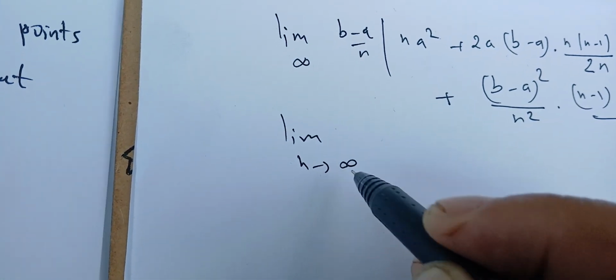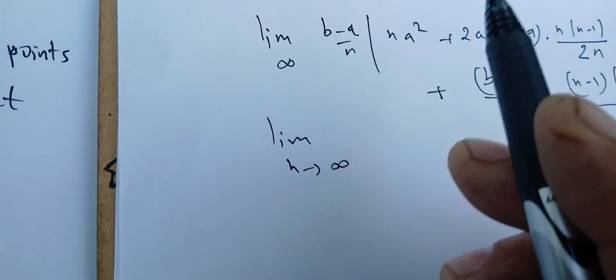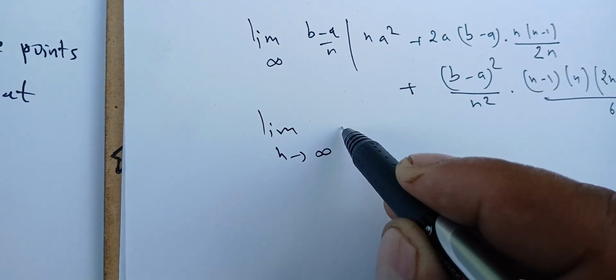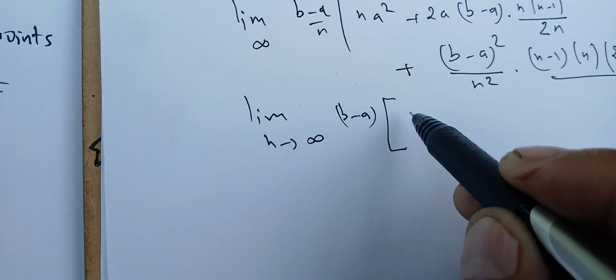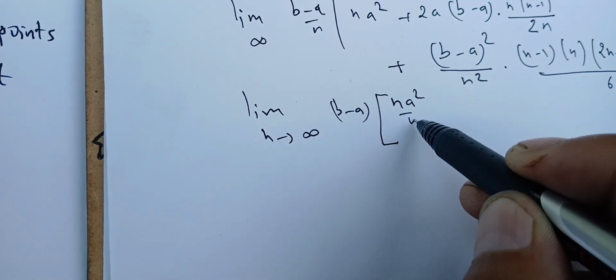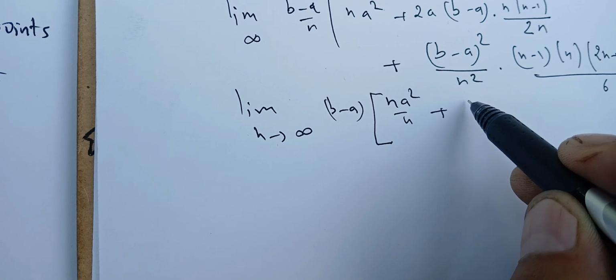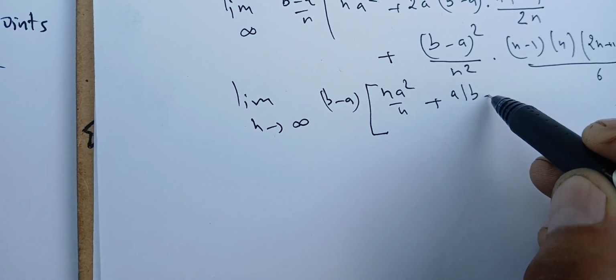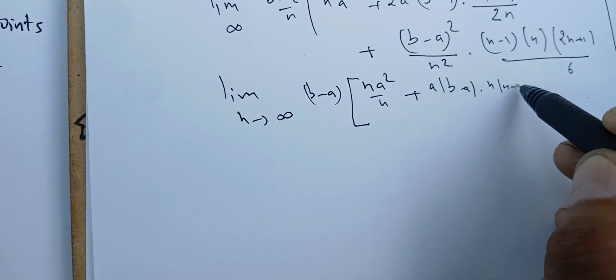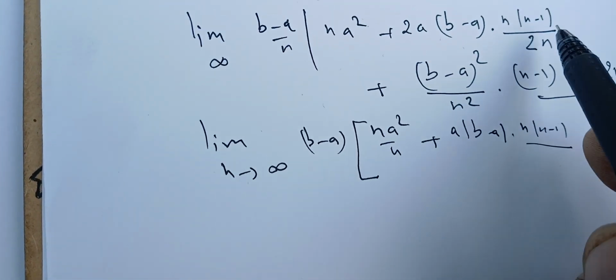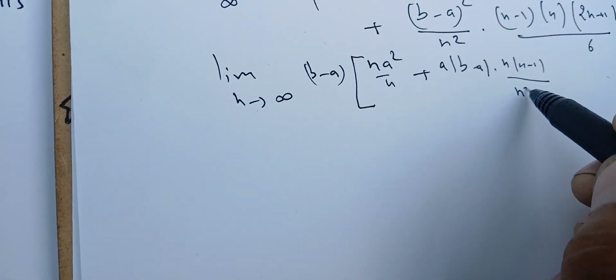Okay, now we see that the limit as n goes to infinity. So here I'm going to have b minus a. I will enter the n inside. It's going to be n a squared over n plus a times b minus a times n minus 1. I had to simplify by these two, so it's going to be n squared.